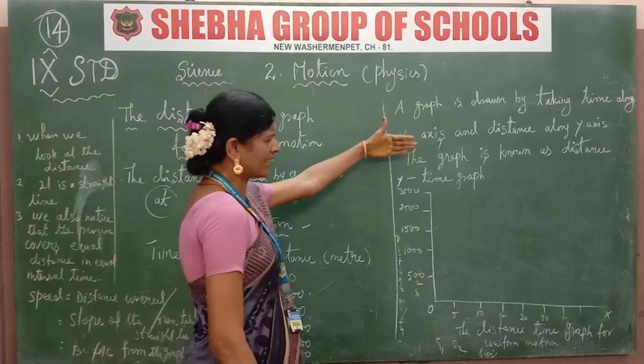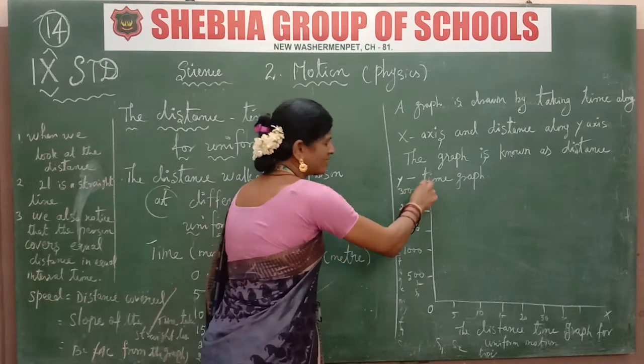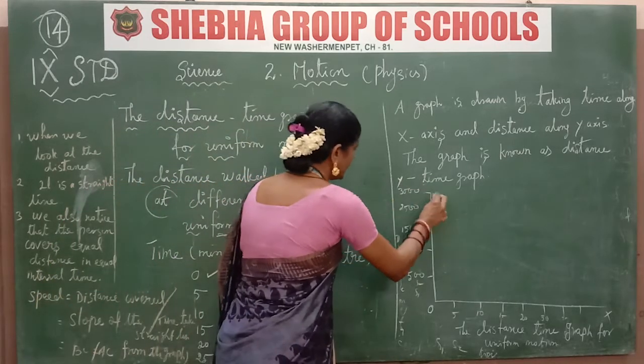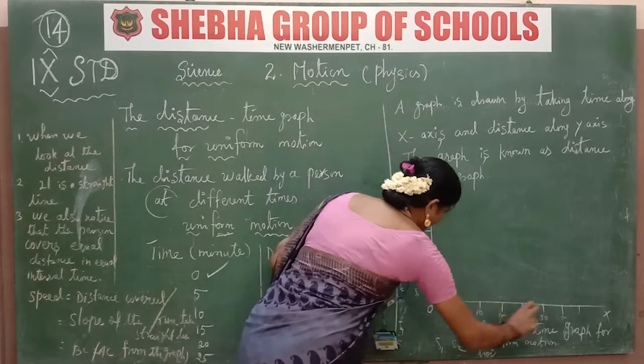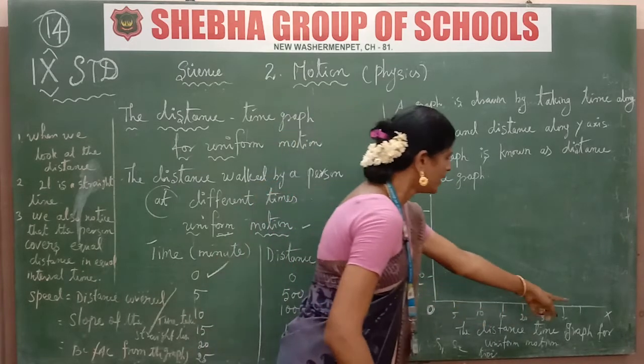It's clear. The graph is drawn by taking the time, and the distance traveled against that time. Next, the graph is known as the distance-time graph. So mark the x-axis and y-axis, with a straight line starting from the point 0.